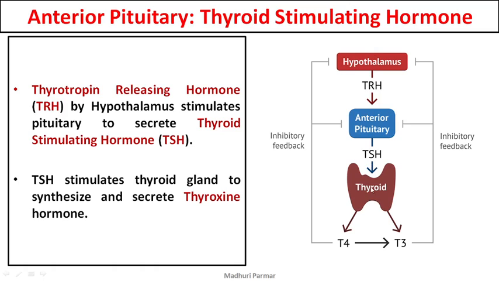So just keep an eye open for this. Hypothalamus secretes a releasing hormone, which will stimulate your pituitary, and pituitary will release some stimulating hormone. This stimulating hormone will affect some target organ. So this is known as the HPO axis, hypothalamus pituitary organ axis.